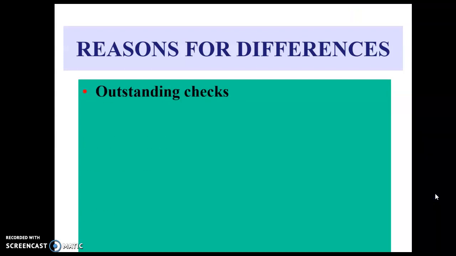Now, what reasons do we have for differences between the books and the bank? Okay, well, there's something called outstanding checks.